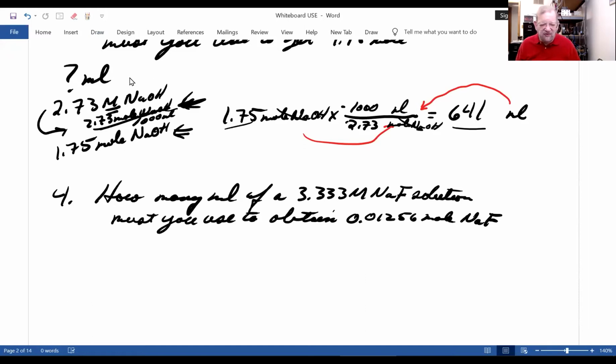How many milliliters of a 3.333 molar sodium fluoride, NaF, solution must you use to obtain 0.01256 moles of sodium fluoride? Question mark. And that's your turn.